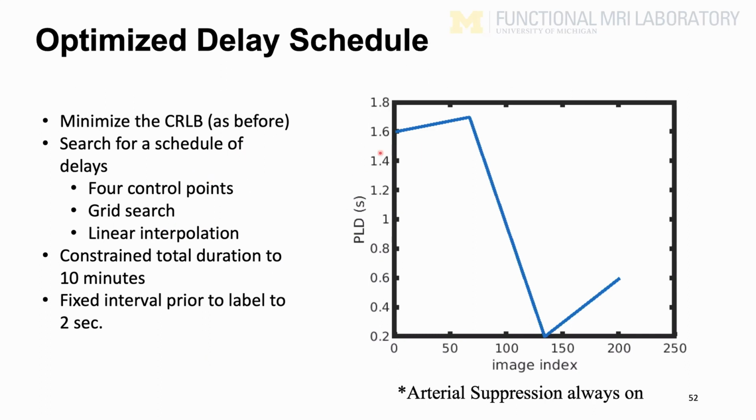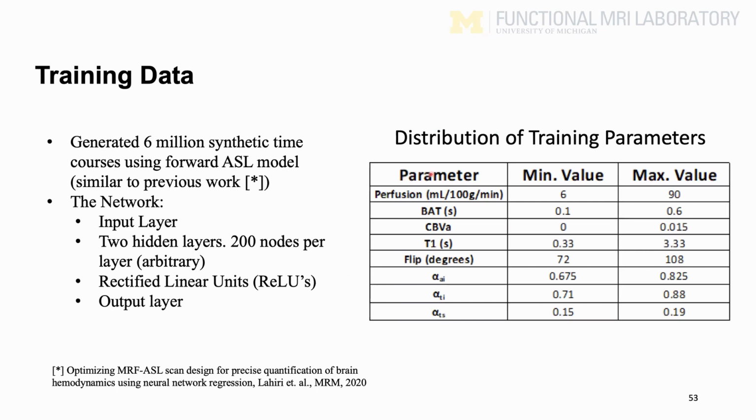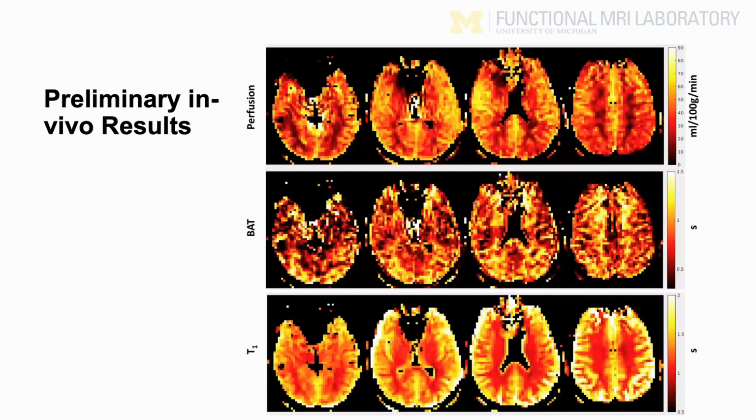After the optimization, we came up with this labeling scheme, again constrained to 10 minutes, and we fixed the prior interval to the label to 2 seconds. We trained the algorithm with another 6 million time courses, where we varied 6 different parameters, this time the different efficiencies on the arteries, the tissue, and also the efficiency of the saturation pulses. And we were able to get some decent results on perfusion, bolus arrival time, and T1.